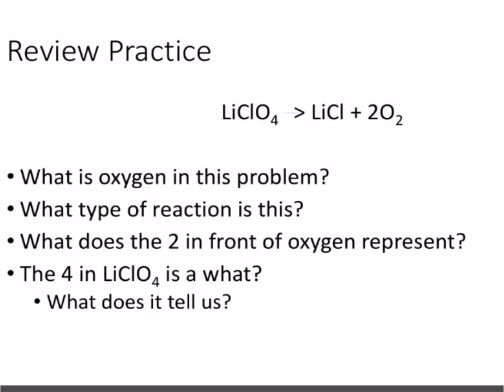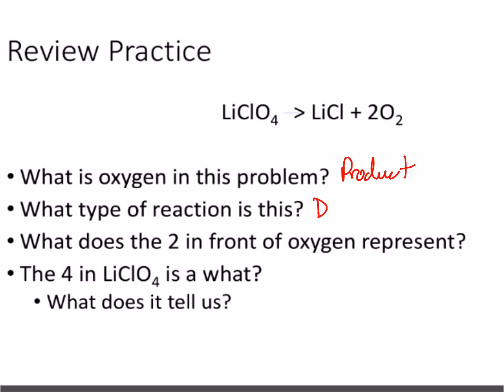So, in this problem, guys, what is oxygen in this problem? How would we classify it? Not a gas, because it doesn't say a state of matter there. It's a product, guys. Where is it in the reaction? It's a product. All right. What type of reaction is this?